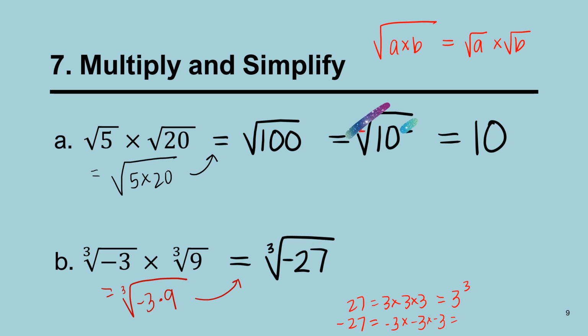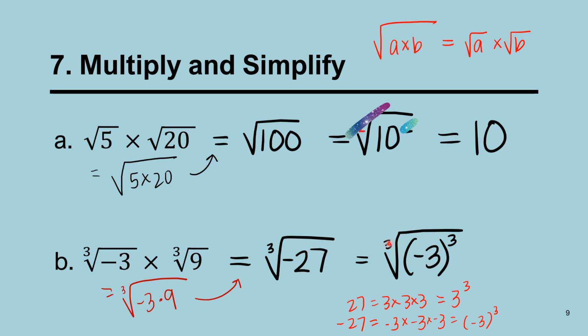Negative 3 times negative 3 gives you a positive 9. But when you multiply it times negative 3 again, that gives you negative 27. So negative 27 is equal to negative 3 cubed. We've just rewritten negative 27 as negative 3 cubed.